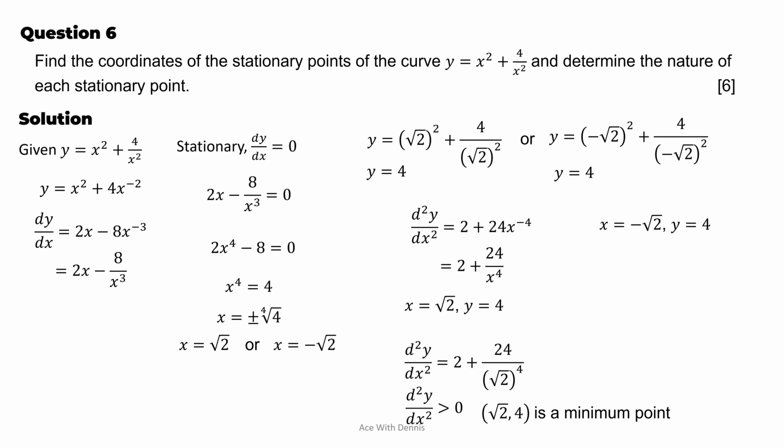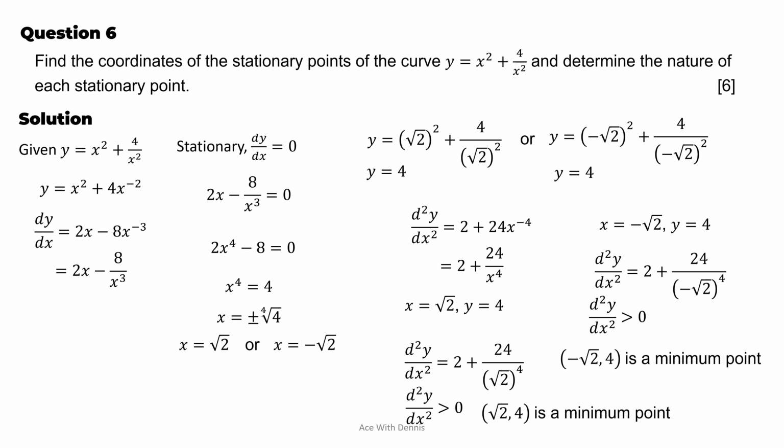For the second point, x equals negative root 2, y equals 4. So d squared y over dx squared equals 2 plus 24 over negative square root of 2 to the power 4. Again, we don't want to calculate the actual value, but we can see that we will get a positive number. So this point, negative root 2, 4, is a minimum point as well.